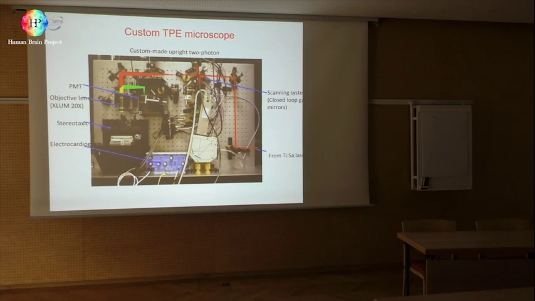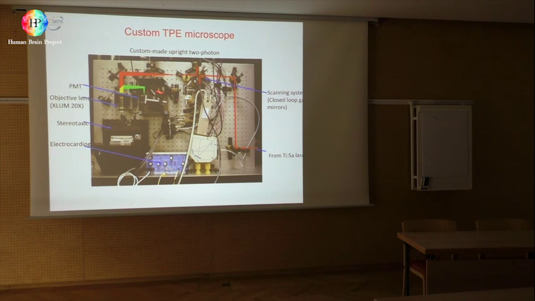So how does it work in an apparatus like this? There is the beam, and then there are the scanning mirrors. Then there is the objective. Here you place your mouse on a stereotaxic holder. And then the emitted light can be detected by a mirror, and separated by a dichroic filter, because the fluorescence is different in color from the excitation.